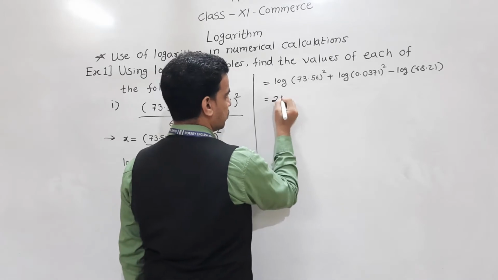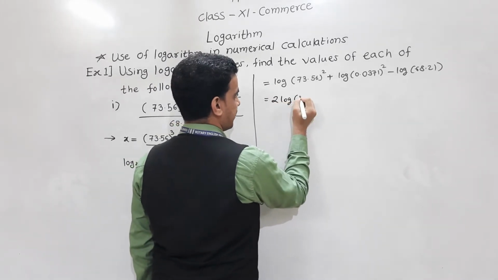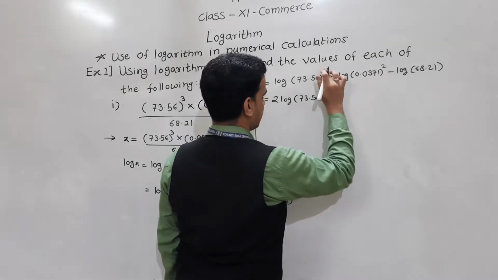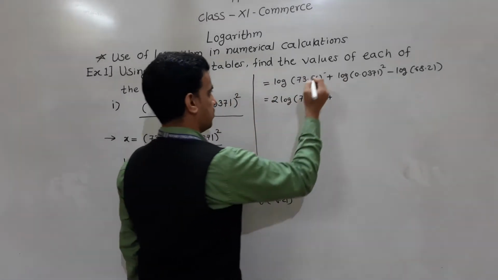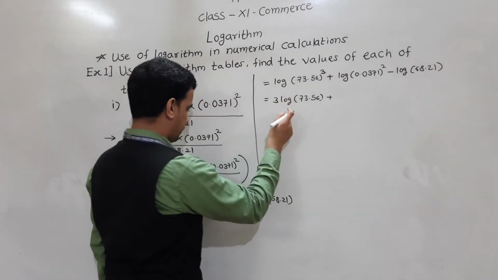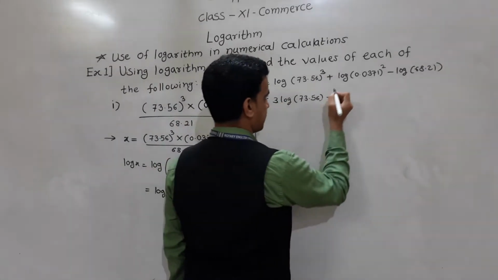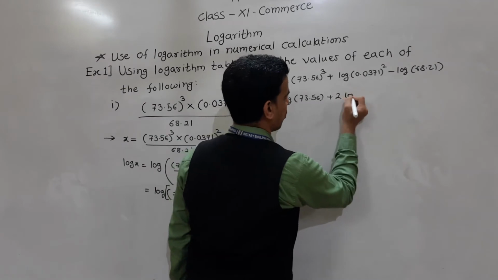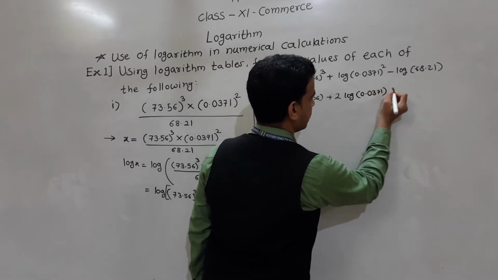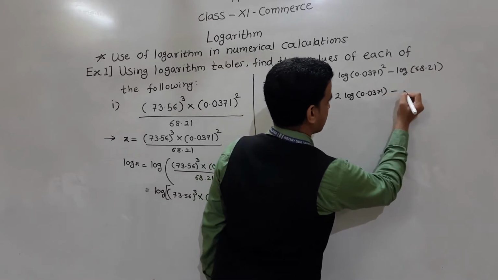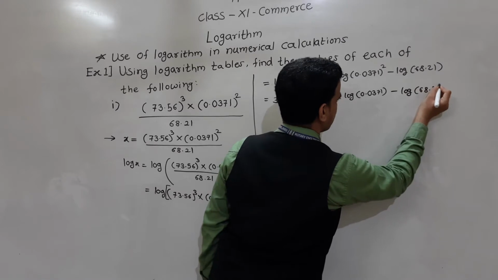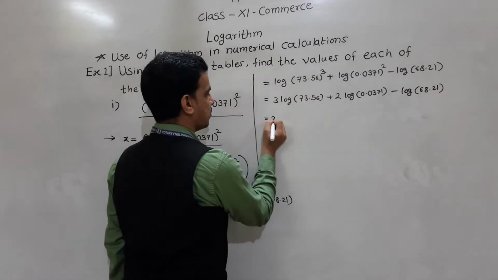So it is 3 into log of 73.56 plus 2 into log of 0.0371 minus log of 68.21. Now we have to find log of all these numbers.